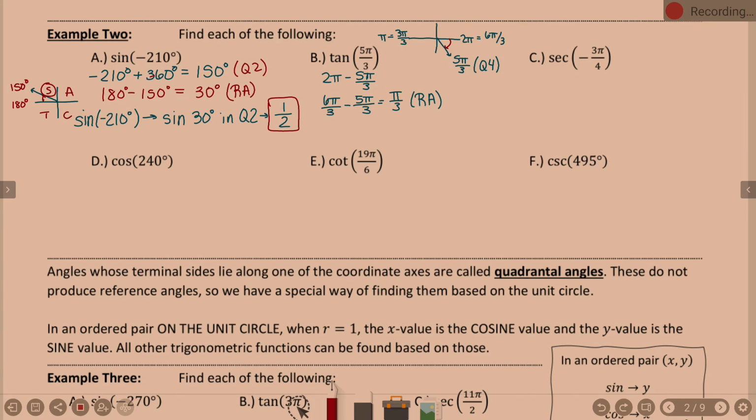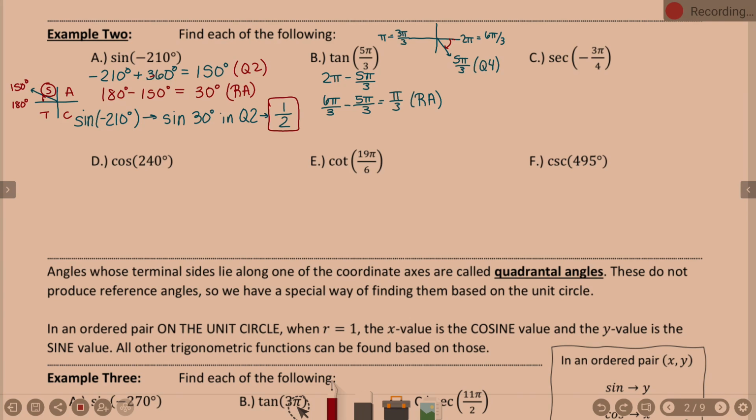We placed it in quadrant 4, so it's closest to the 0 and 360 mark, in other words the 0 and 2 pi mark. Since this is down, we're in quadrant 4, so 2 pi. So we did 2 pi minus 5 pi over 3, so 6 pi over 3 minus 5 pi over 3, which gave us our reference angle.